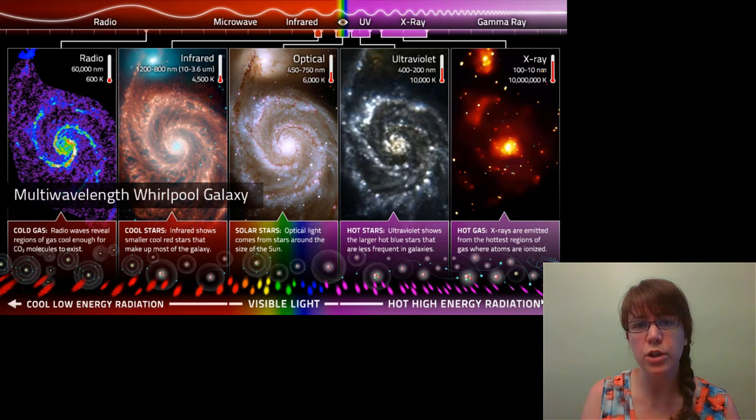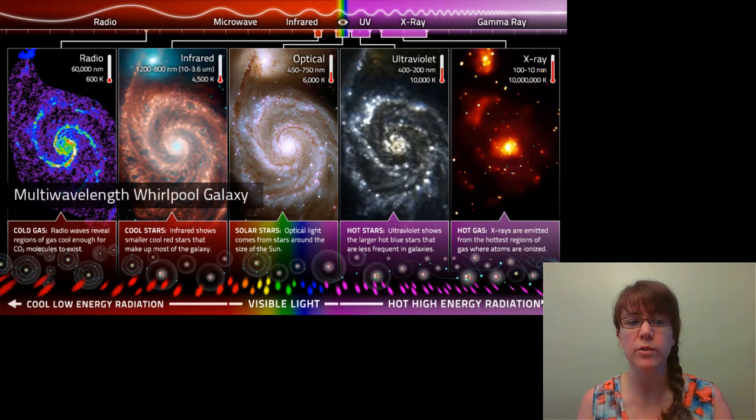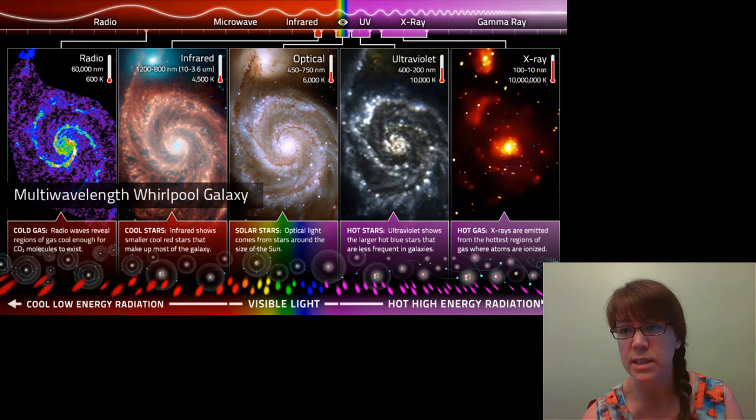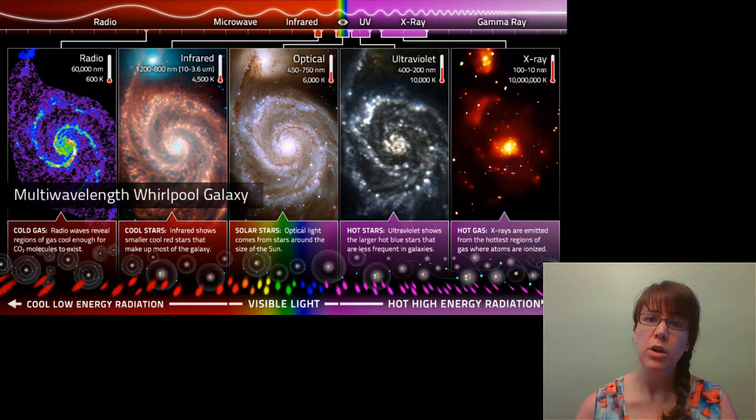But we can see here, and you're welcome to look back at this slide on your own, I think it's a really, really great infograph that is showing us that the different types of light that we're looking at tell us about different processes that can make that particular type of light. So from the far left in radio waves, where we're basically showing where cool gas exists, all the way over to the far right here, where we're looking at where hot gas exists, stuff that is making X-rays at those extremely short wavelengths, very high energy forms of light.